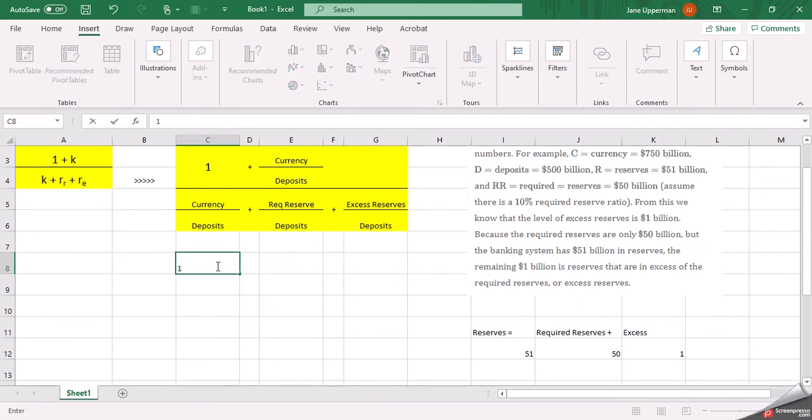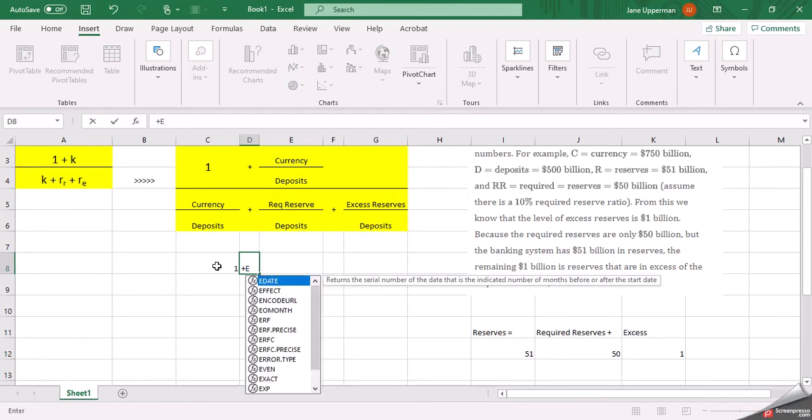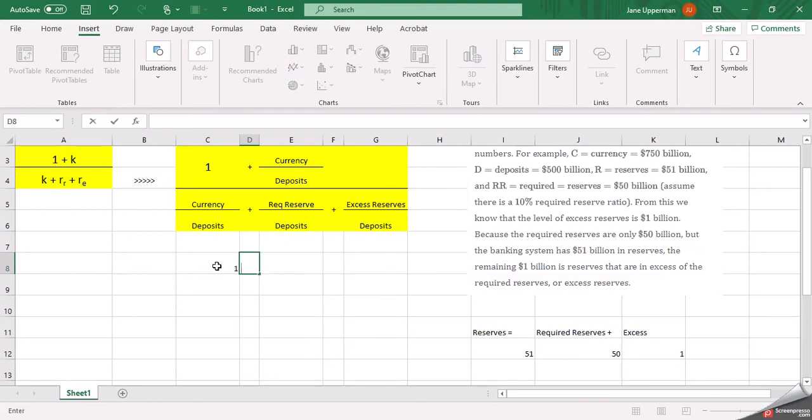So we have the 1, obviously, plus, in this case, our currency divided by our deposits. That would be 750 divided by 500.